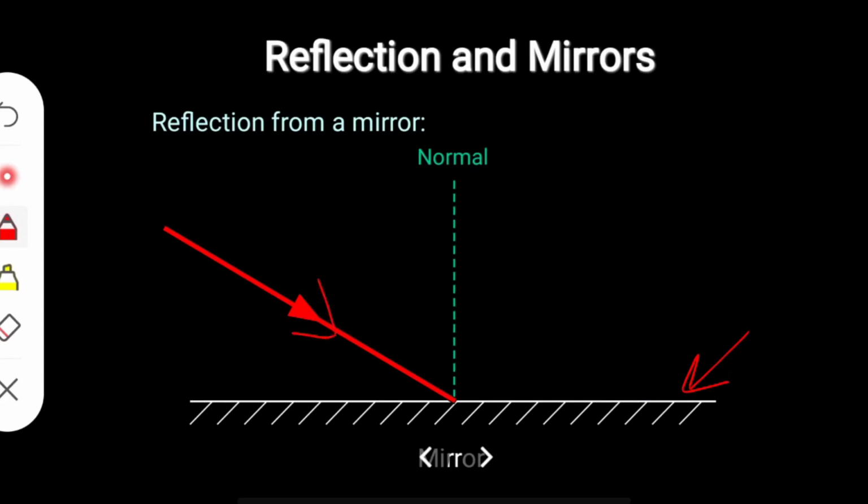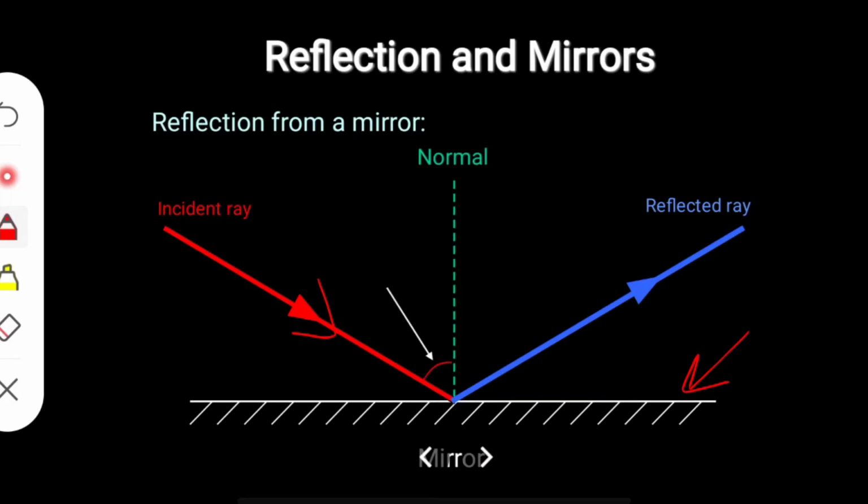This one is called an incident ray, and after reflection, the ray we get is called the reflected ray. The angle between the normal and the incident ray is called the angle of incidence, and similarly, the angle between the normal and the reflected ray is called the angle of reflection.